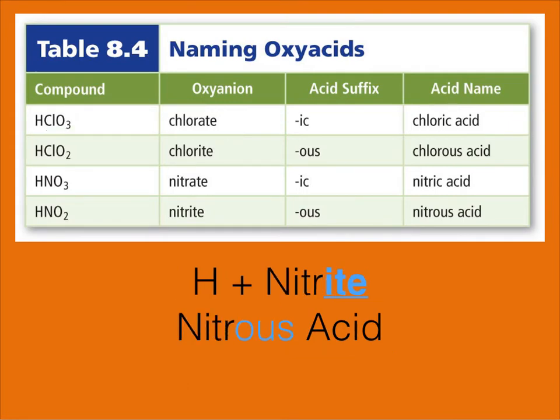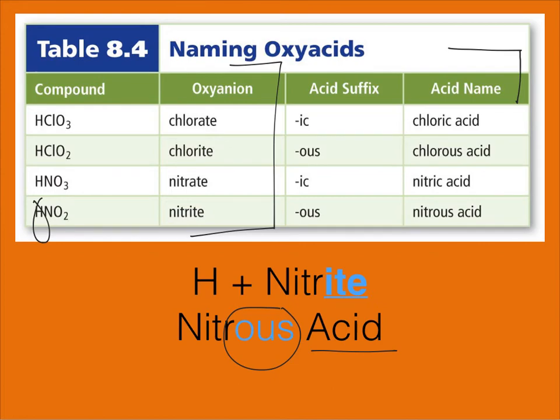The H here plus the nitrite, ite gets changed to ous, and you add the word acid. So now we have nitrous acid, HNO2. So if for some reason this chart from 7.9 is not still real clear with you, make sure you get there.